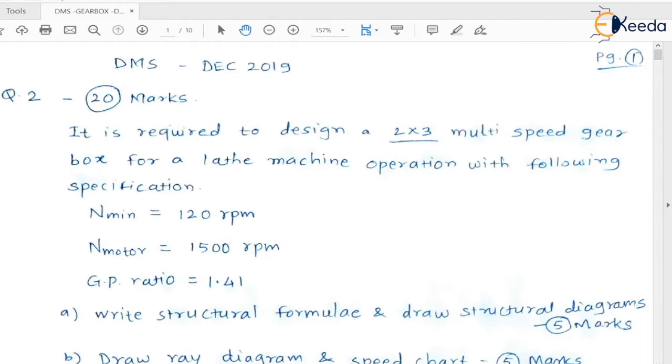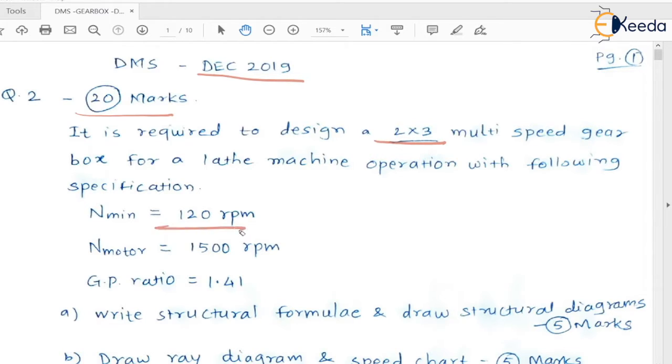Now if we check the question asked in December 2019, as I already told you, it is asked for 20 marks, and it reads like this. It is required to design a 2x3 multi-speed gearbox for a lathe machine operation with the following specification.